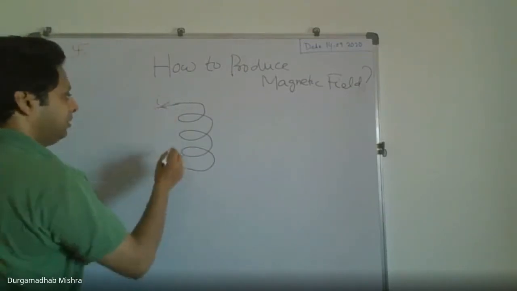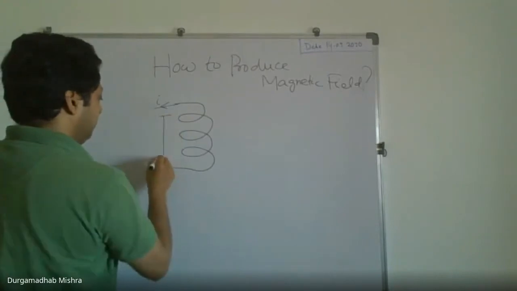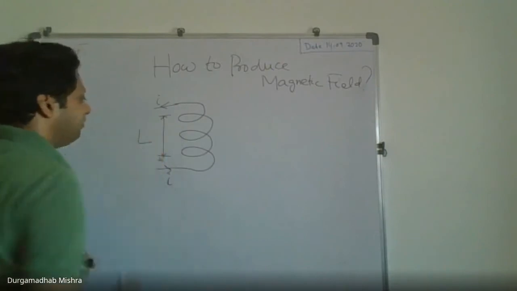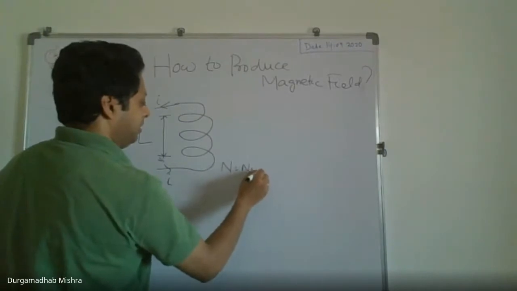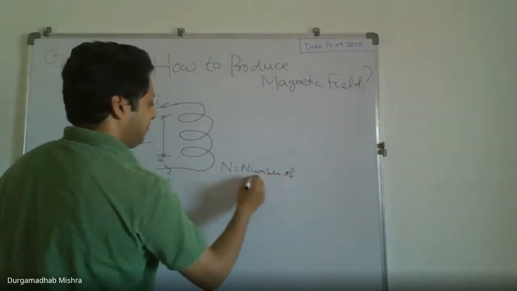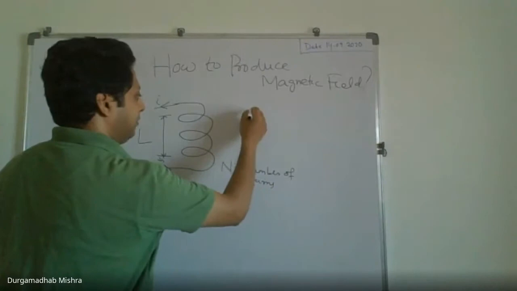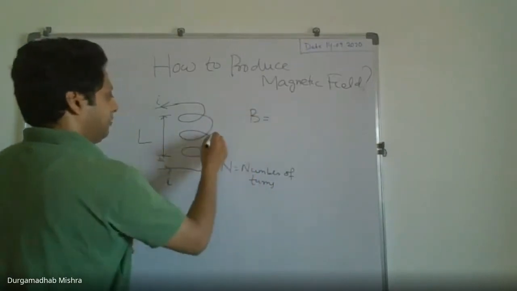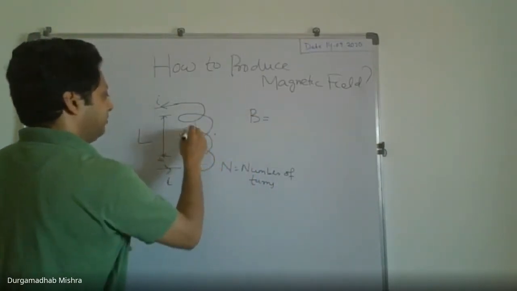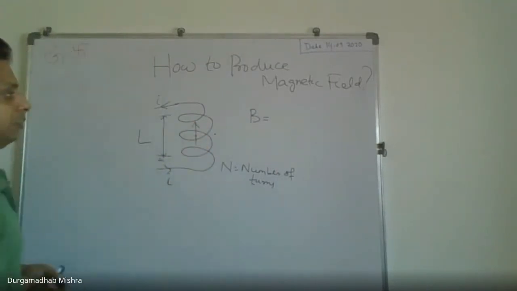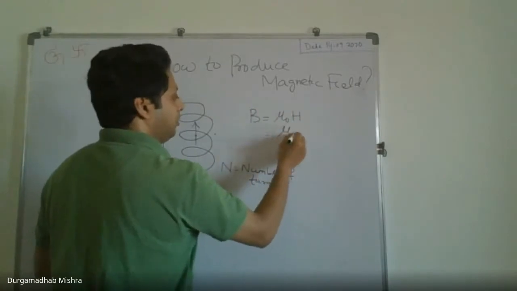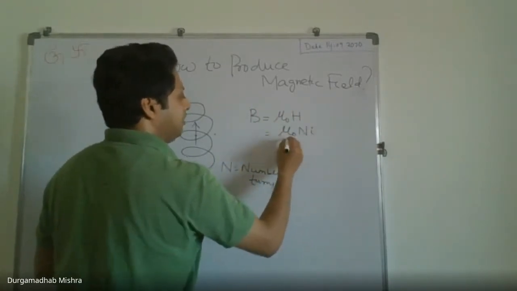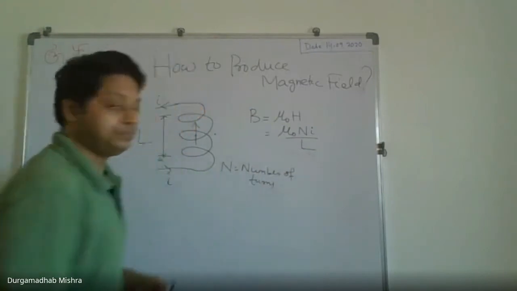The length of the coil is L, and N is your number of turns. So the magnetic field which is produced at the center will be B, that is mu naught H, which will be equal to mu naught N I by L.